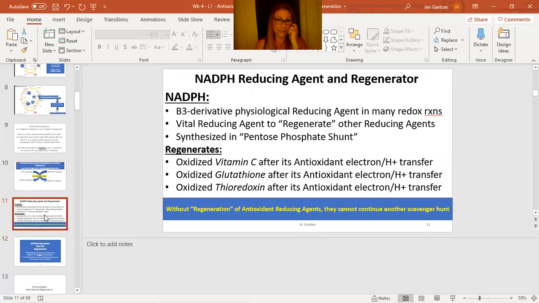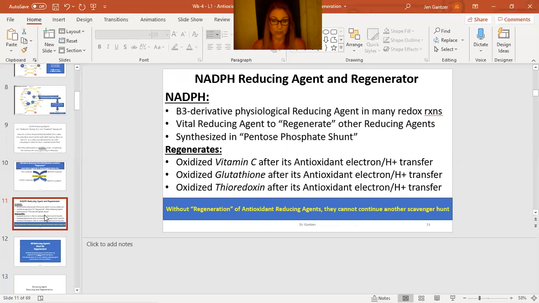So with NADPH, very, very importantly, NADPH is going to donate its hydrogen to recycle oxidized vitamin C, oxidized glutathione, and oxidized thioredoxin. We'll take a look at these in detail, but this is the first introduction to it.